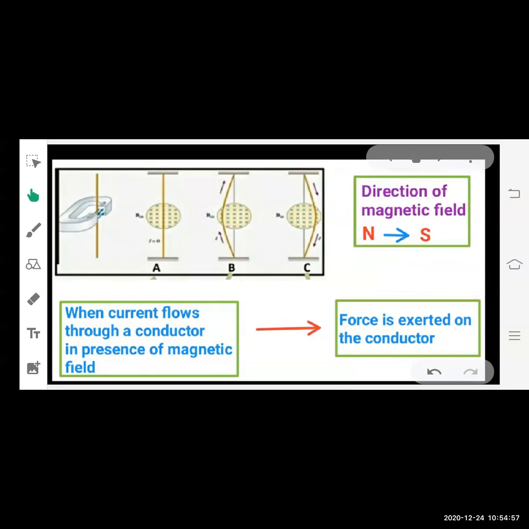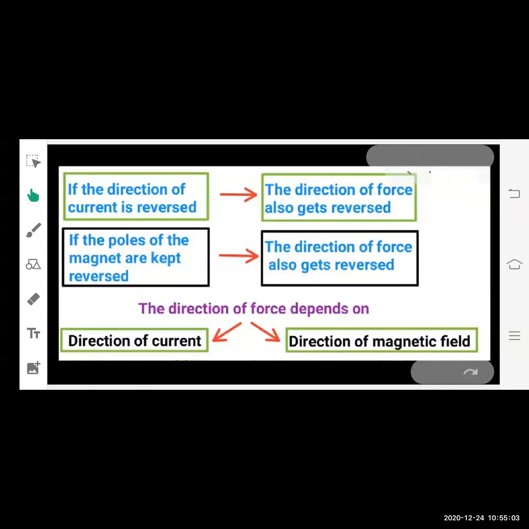So the direction of force depends on the direction of current as well as the direction of the magnetic field. If we change the direction of current, the direction of force will change, and if we change the direction of the magnetic field, the direction of force will also change.